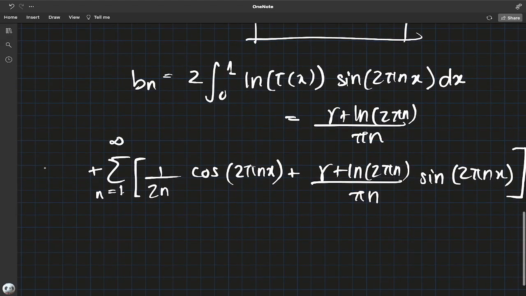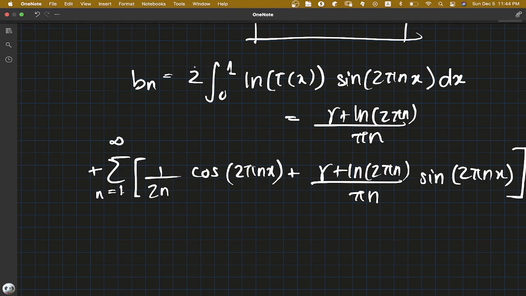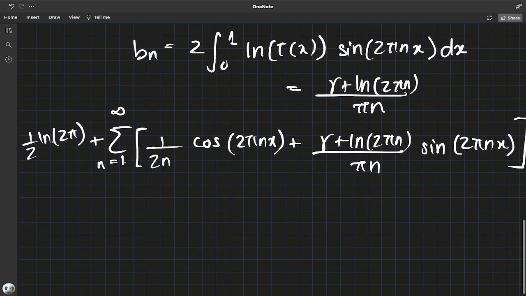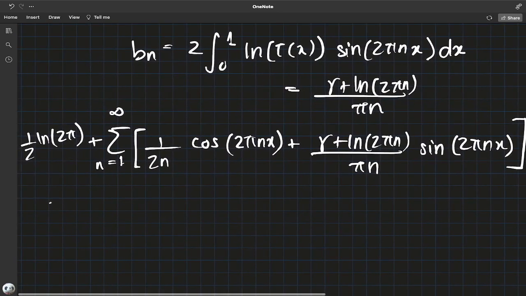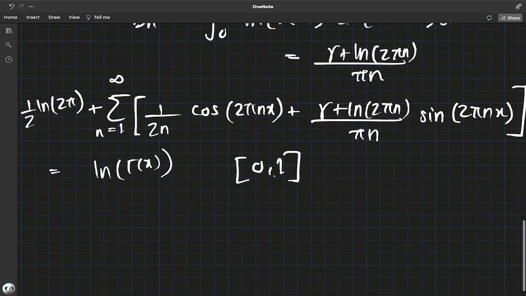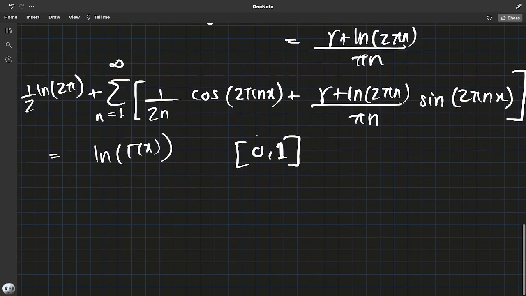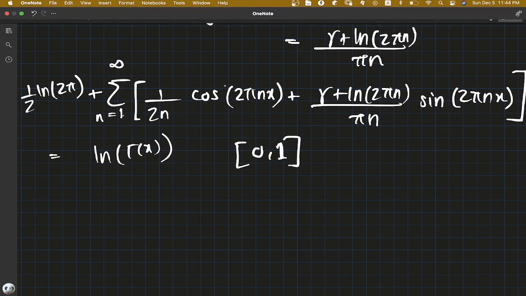Plus, I think there was a prefactor up front. Oh, sorry, there was a 1/2 natural log of 2 pi from the regular integral from 0 to 1. All of this was equal to natural log of gamma of x on that interval, right? Someone in the comments requested that I write this in terms of only sines, so I'm going to do that here.